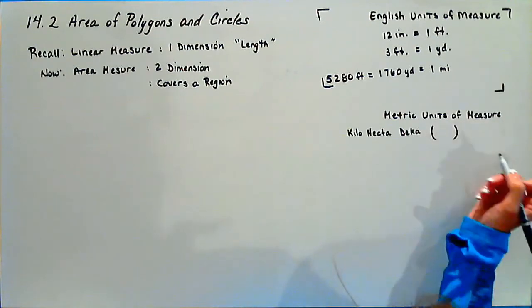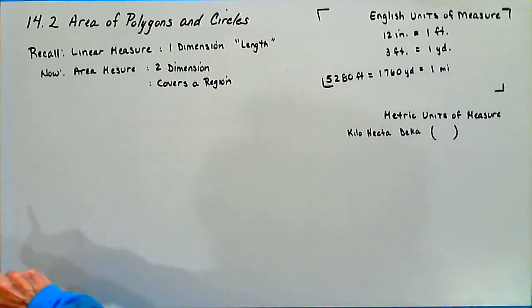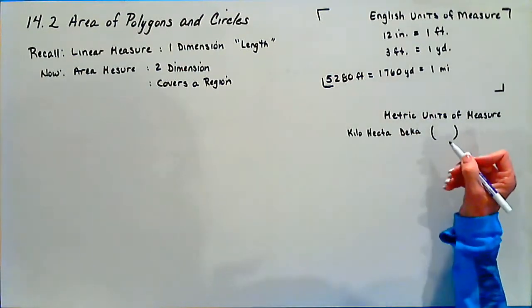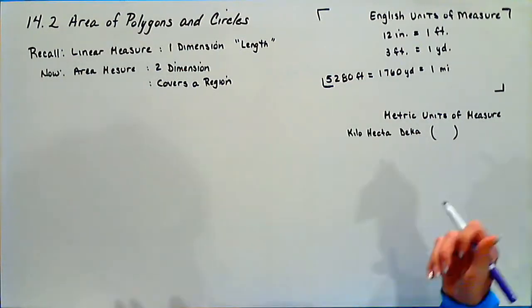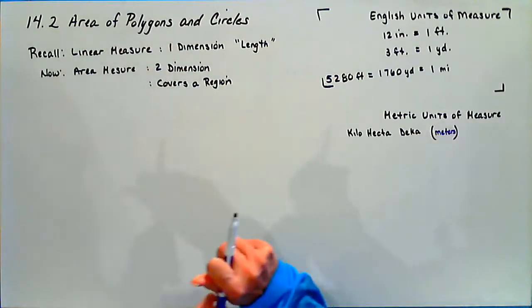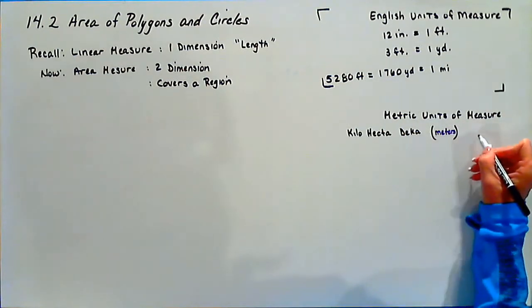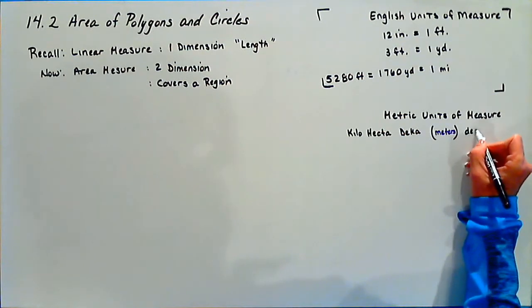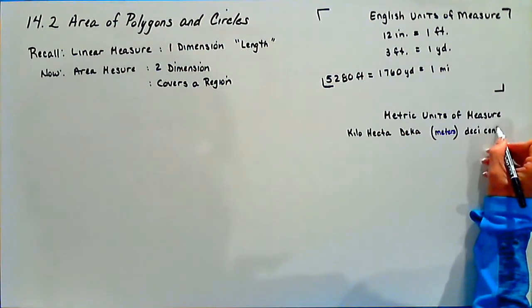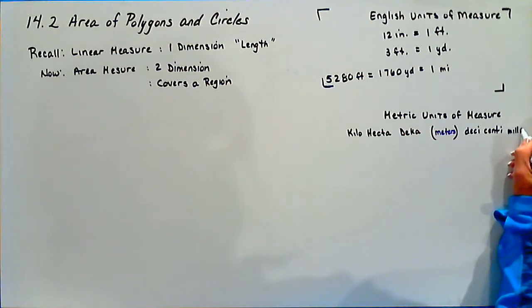Then we have whatever our base unit is going to be. In our case, since we are talking about length, we are talking about meters. Then we have deci, the prefix centi, and the smallest prefix is milli.